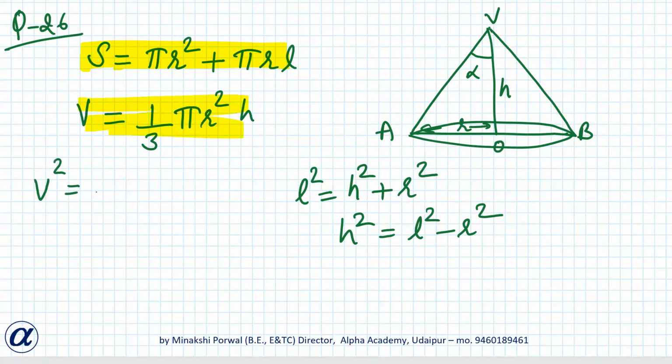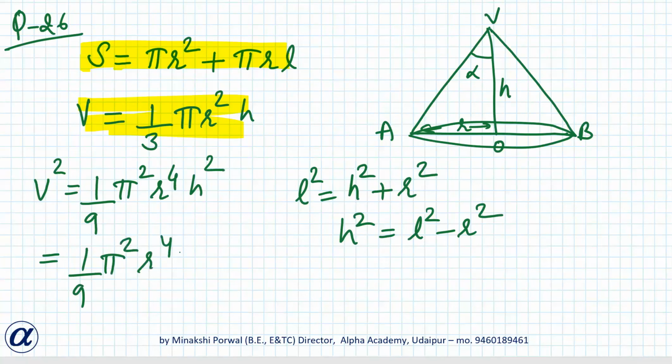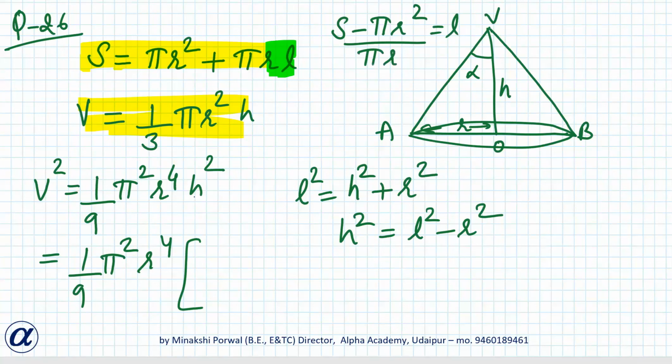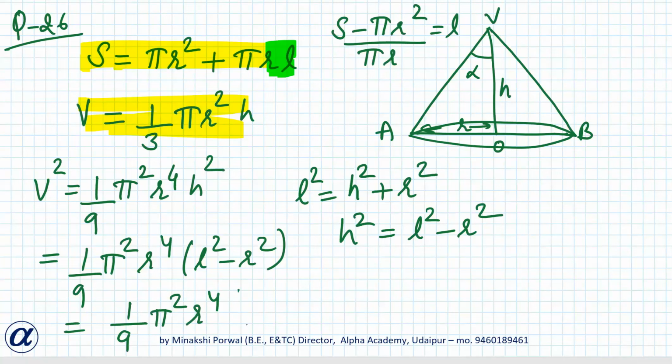So v square equals 1 by 9 pi square r to the power 4 h square, and then h square is L square minus r square, and L we are finding from here. s minus pi r square upon pi r is equal to L. So v square equals 1 by 9 pi square r to the power 4 into (s minus pi r square upon pi r) the whole square, minus r square.